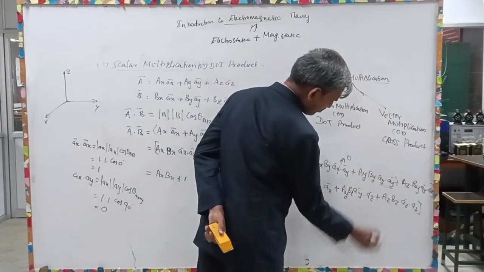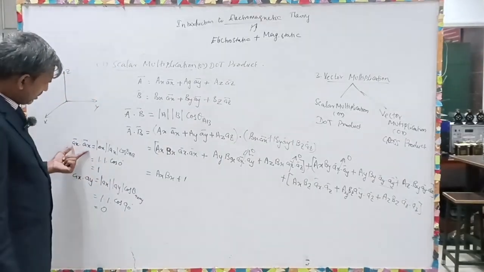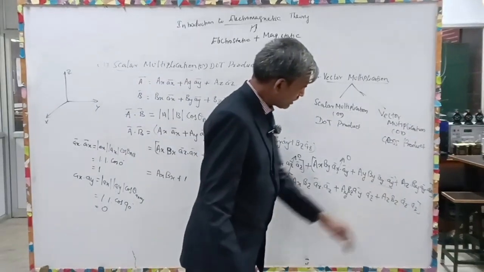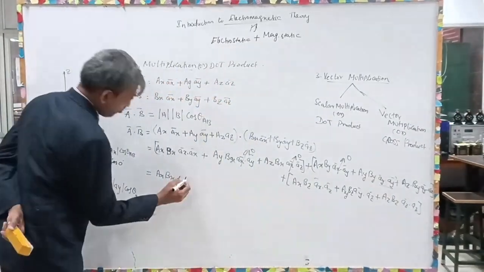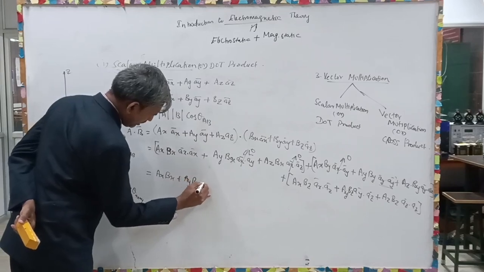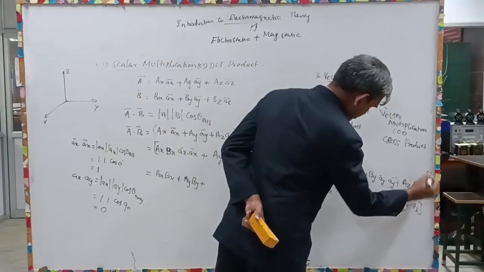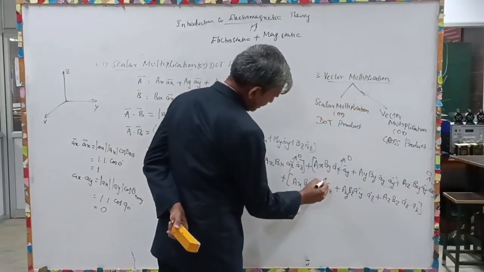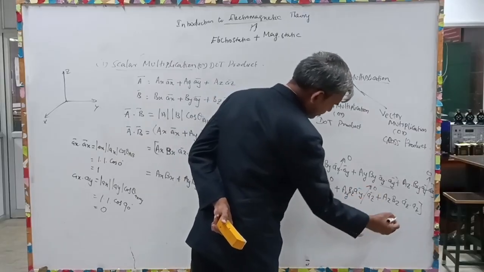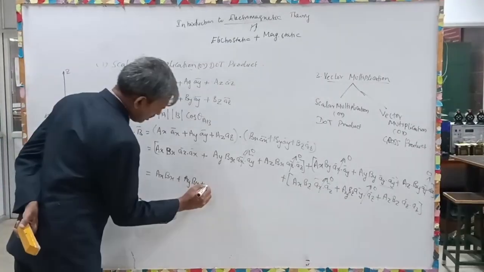Again, we have Ay dot Ay. Just as Ax dot Ax value is 1, similarly Ay dot Ay value will be 1. So Ax Ay value will be 0, Ax Az value will be 0, Ay Az value will be 0. So Az dot Az value will be 1.